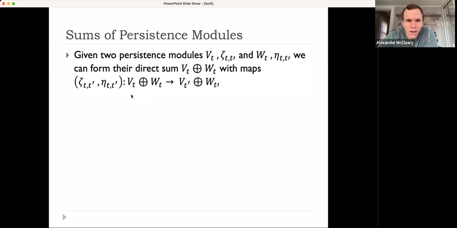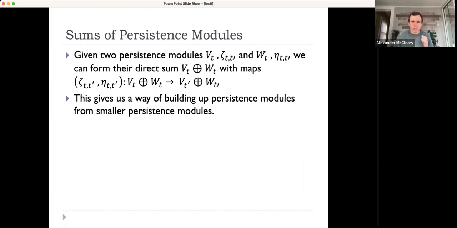This map is just going to use zeta to give us the map from the first coordinate to the first coordinate here. And then it's going to use eta to give us the map from the second coordinate to the second coordinate. And so this is how we take direct sums of persistence modules.